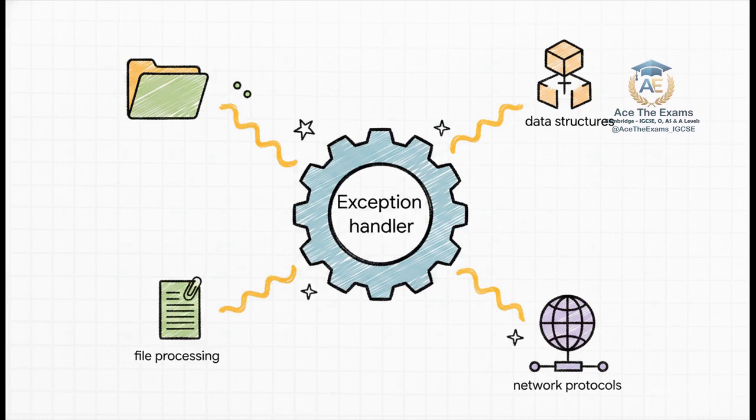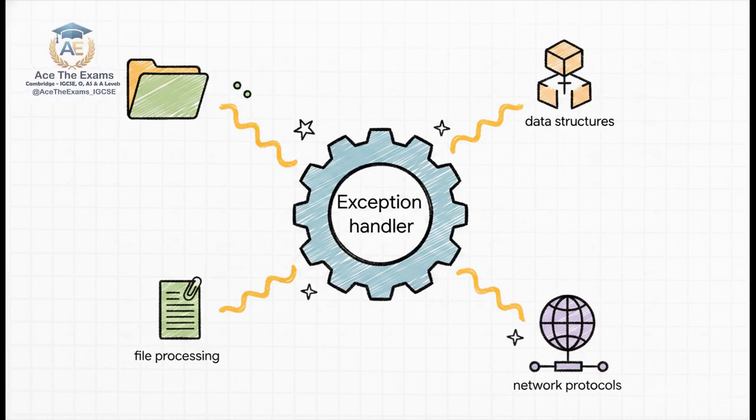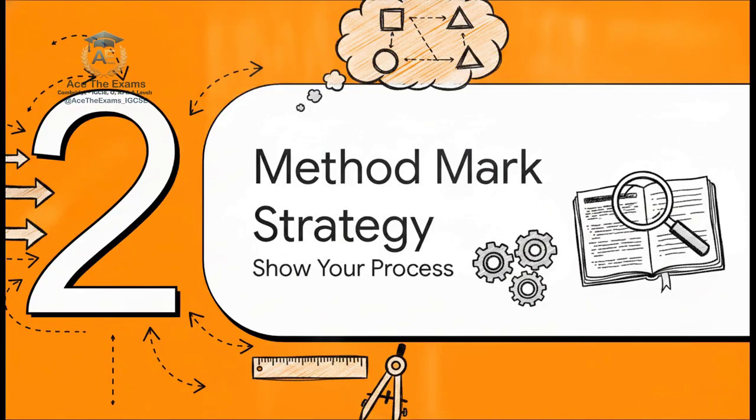You aren't just writing an isolated exception handler in a vacuum. You need to show how you are integrating it with file processing, complex data structures, or network protocols. If a network packet drops, how does your exception handler deal with that specific data structure? That's the level of connection they want to see. Which brings us nicely to Section 2, the method mark strategy.